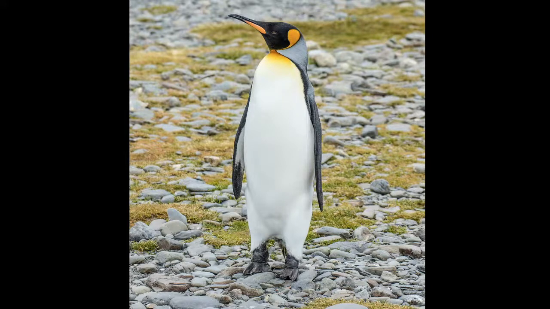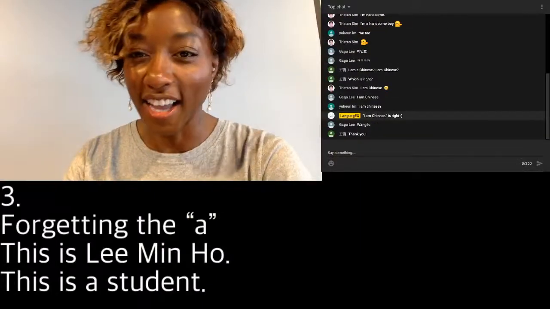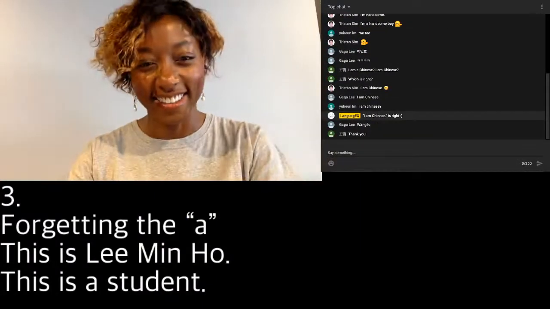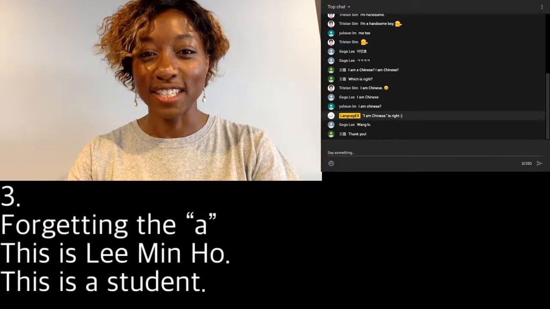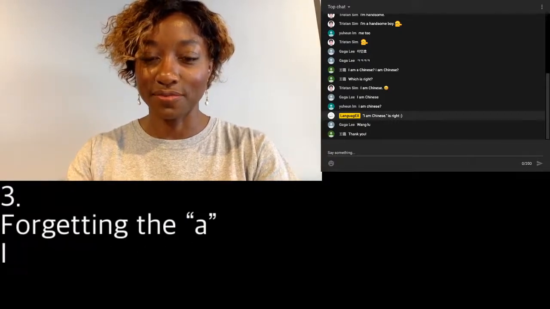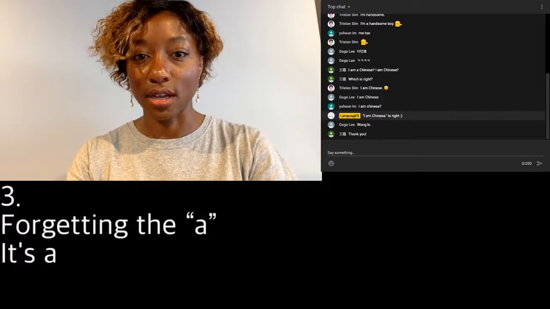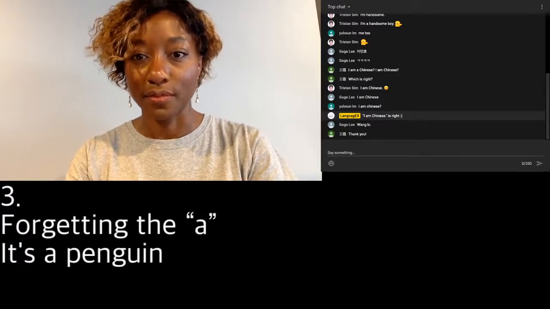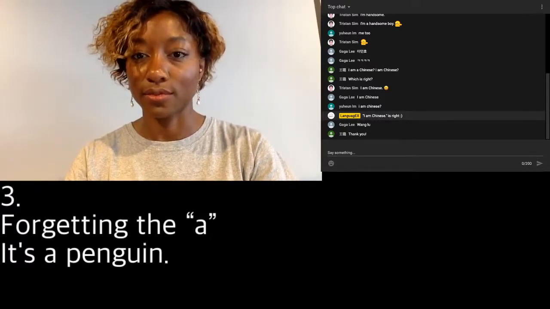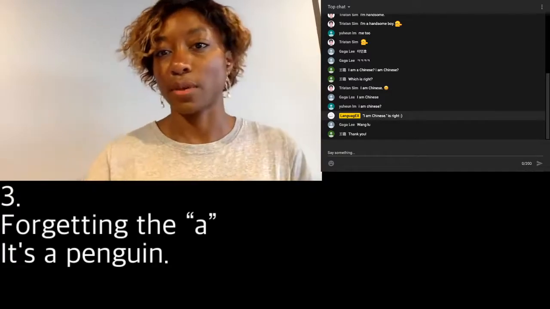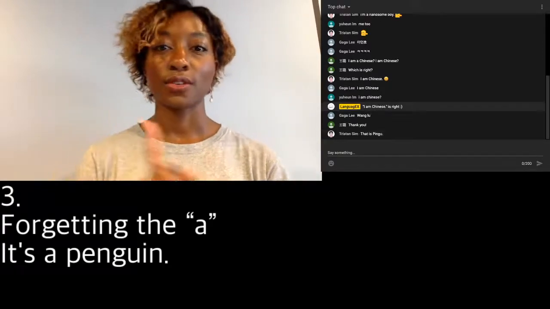Okay, you've been just staring at this penguin forever. Yeah, so as you now have all seen, this is a penguin. Yeah, so it's a penguin, right? It's a penguin.